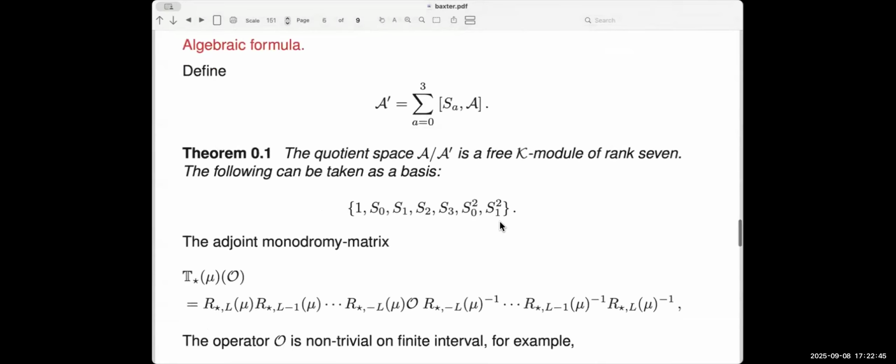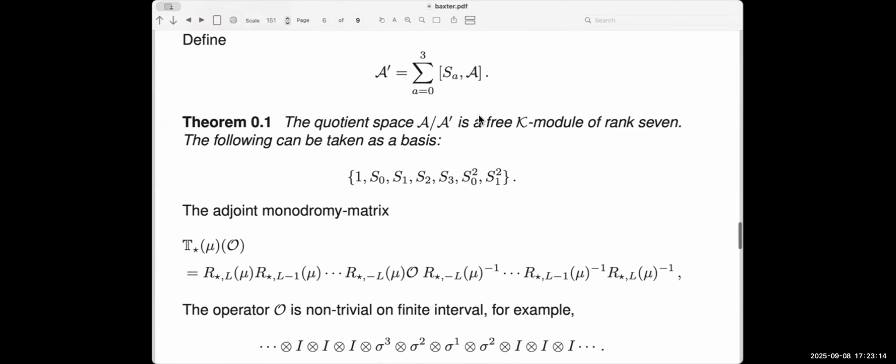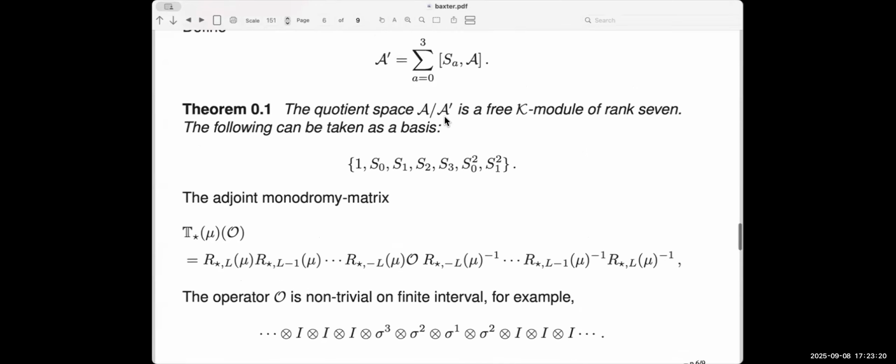So then we defined the commutator algebra A prime, which consists of commutators of our generators with any element of algebra A. And so the important result of our work here is that if we want to consider traces, we have to throw away all the commutators, right?